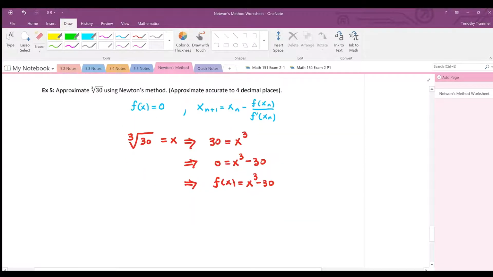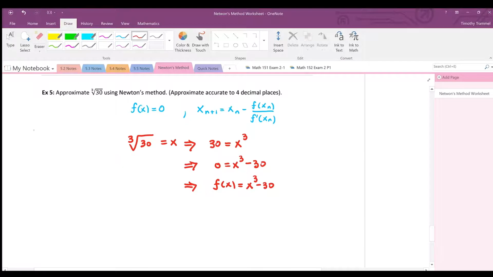Now, again, we're trying to estimate the cube root of 30. I would recommend starting with something that you know is going to be close to the cube root of 30. Something that might help is to think about what some numbers cubed are equal to. For instance, 2 cubed is 8, 3 cubed is 27, and 4 cubed is 64.